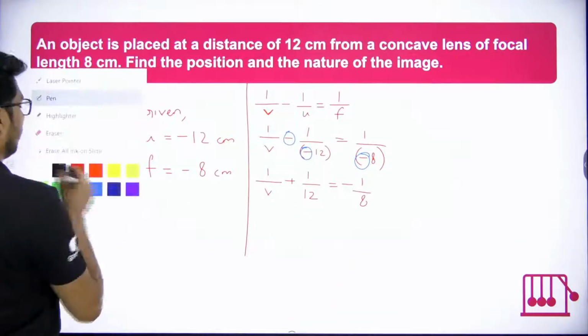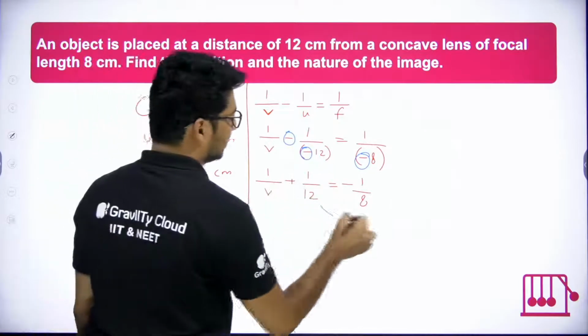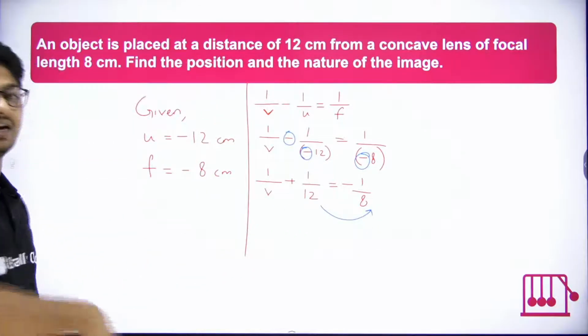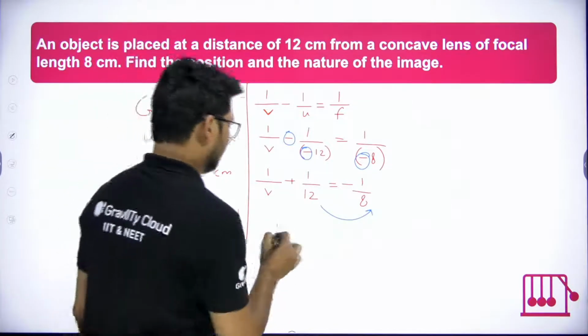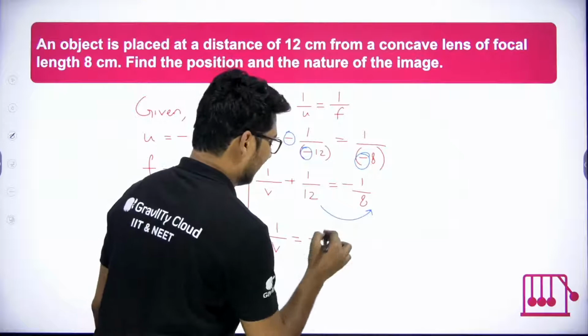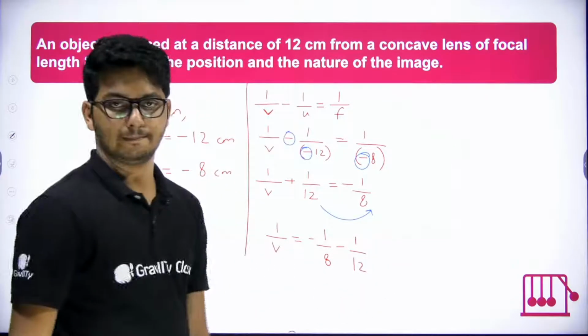Then 1 by 12 goes to the other side. Here 1 by 12 is added. If it goes to the other side, it becomes subtracted. So 1 by v is equal to minus 1 by 8 minus 1 by 12.